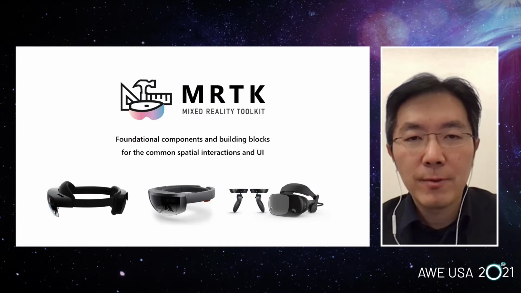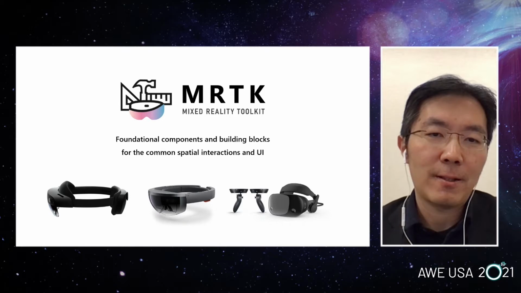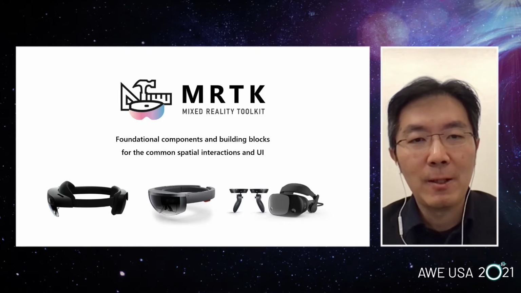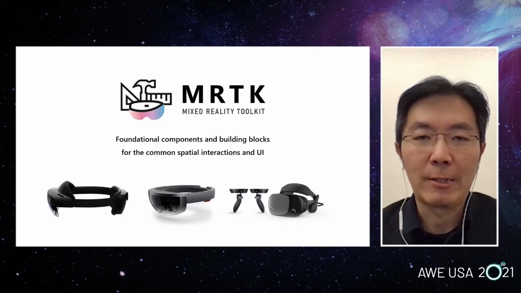For those of you who are not familiar with MRTK, Mixed Reality Toolkit, MRTK is a Microsoft-driven open source project where you can find foundational components and building blocks for common spatial UI and interactions.